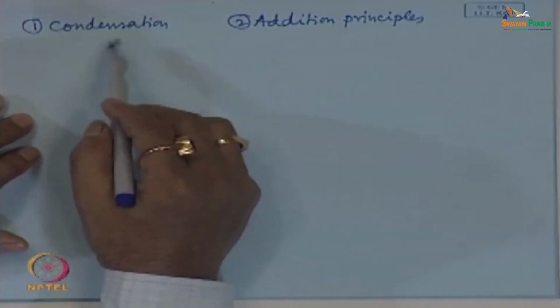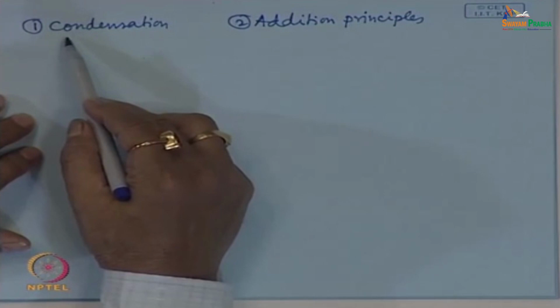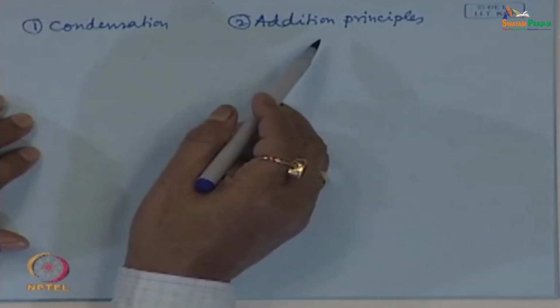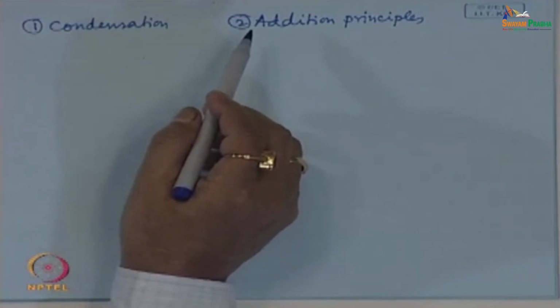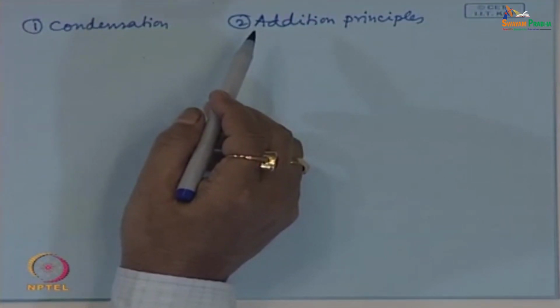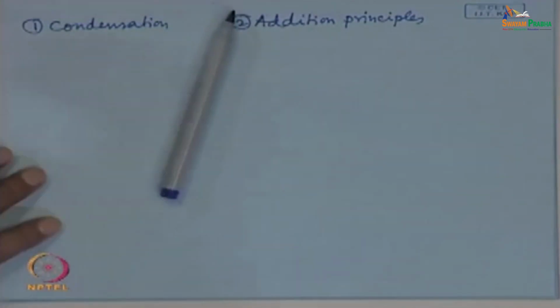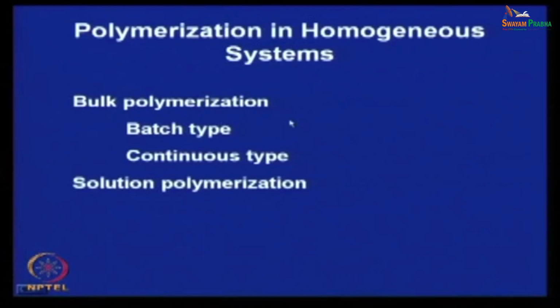Both of these principles can be applied for manufacturing polymer using the bulk technique, solution technique, suspension or emulsion technique. It depends on the characteristics of the polymerization reactions.